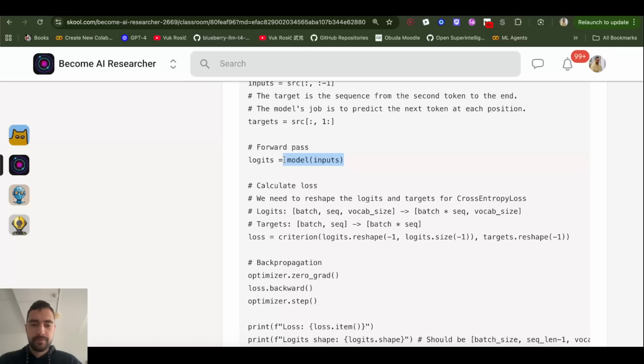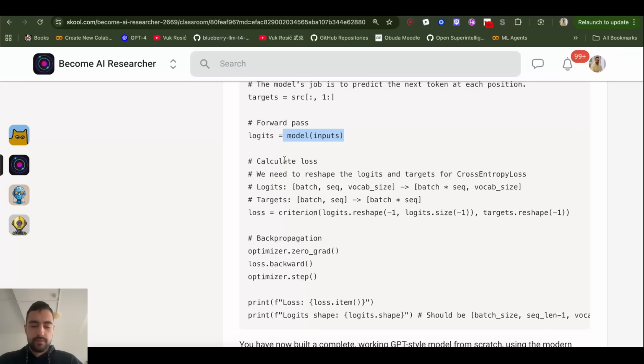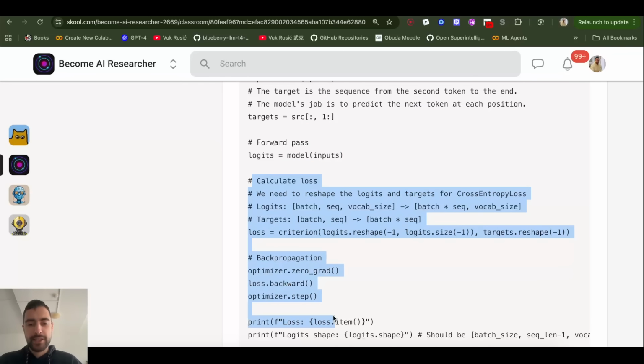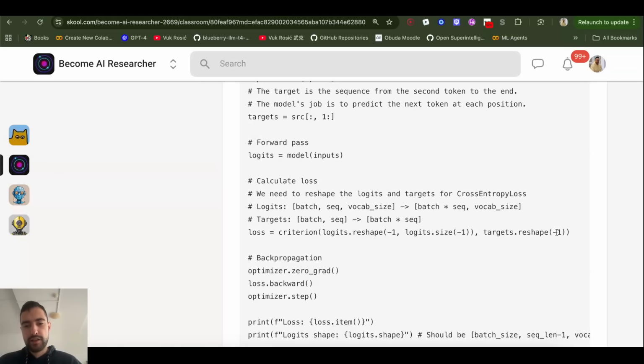So as I said, we will get logits, like numbers, when we pass this through the model. In this case, it looks like we're not using softmax. That's okay too, to put them into percentages, we can also calculate loss by just comparing the current logits to the target tokens. So the highest logit should be the same as the target, the correct token.